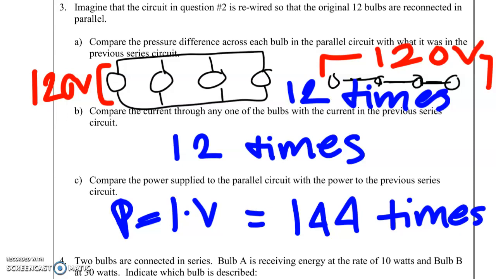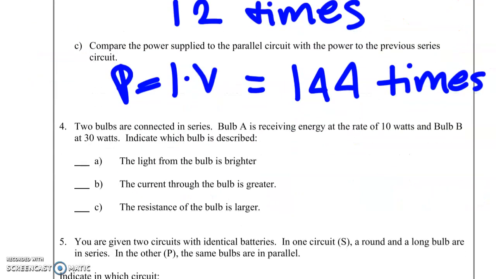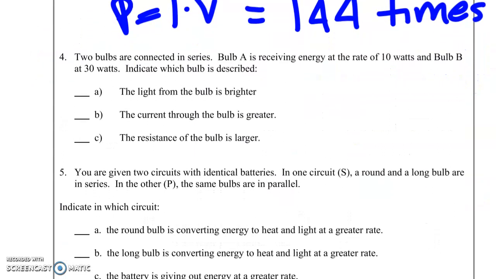So the whole circuit uses 144 times as much power by connecting these bulbs in parallel as opposed to connecting them in series, which is obviously a lot more power. It had been using 24 watts. I don't even want to multiply 24 by 144. But you can if you want to.